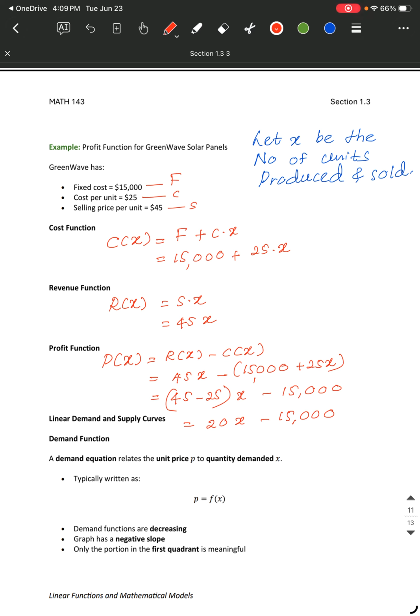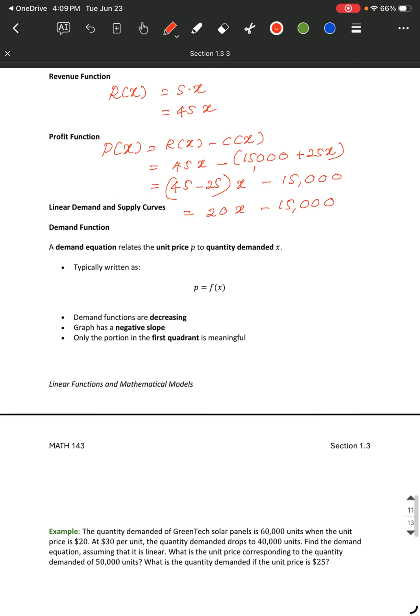We wanted to discuss the demand and the supply. A demand function relates the selling price to the quantity demanded.